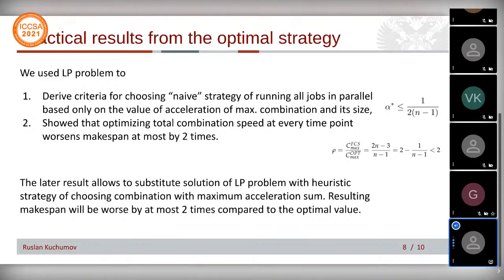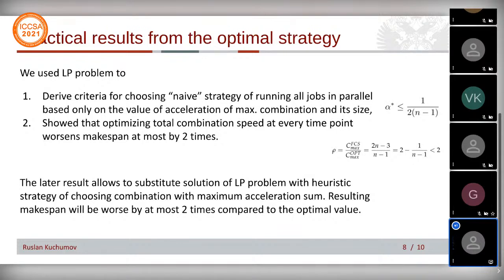When task processing speed is lower than this value, we can simply run all of the jobs in parallel, and the result would be the same as if we ran an optimal strategy, which we would obtain by solving the linear programming problem.